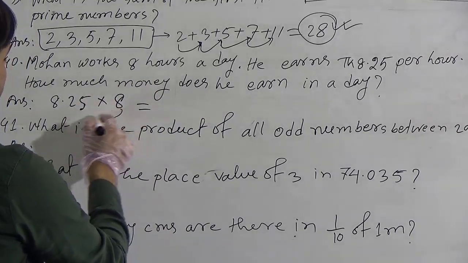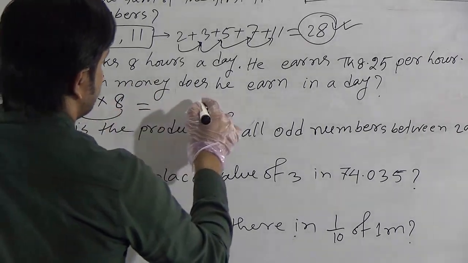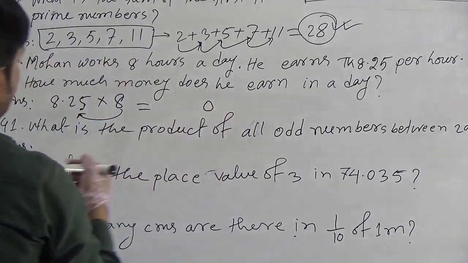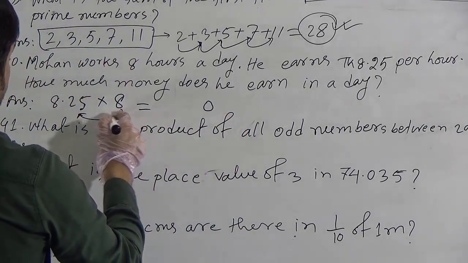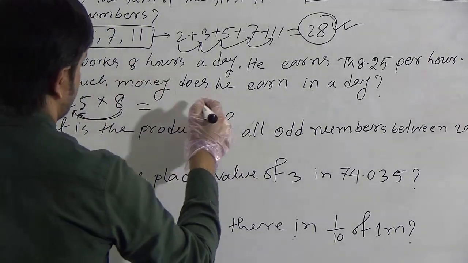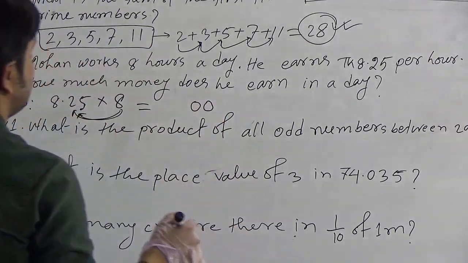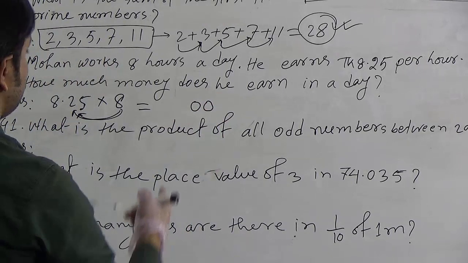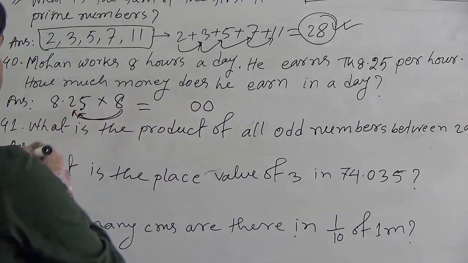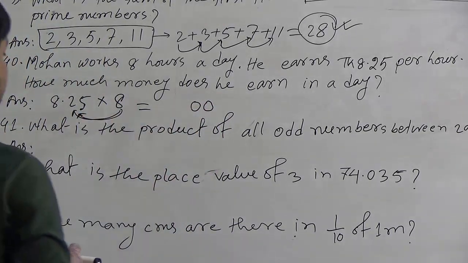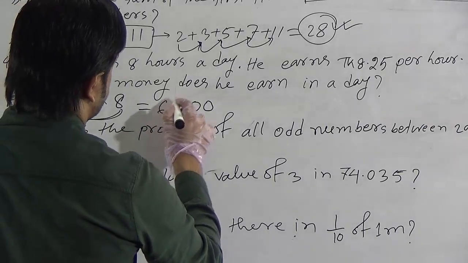Multiply: 5 8s are 40. So you can write 0, 4 left. 8 2s are 16 and 4, 20. So you can write 0, 2 left. 8 8s are 64 and 2, 66.